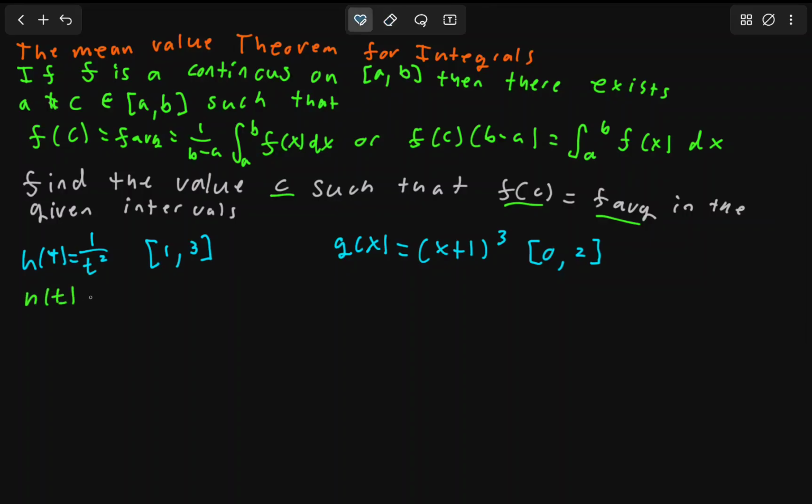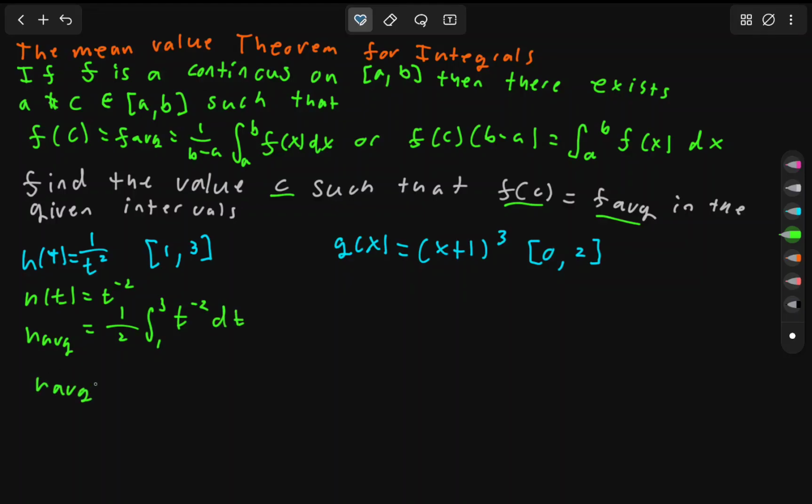Let's do a bit of algebraic manipulation here: t to the negative 2. So what this is going to look like is h average, which is what we first have to find, is going to be 1 over 2 times the integral from 1 to 3 of t to the power of negative 2 dt.